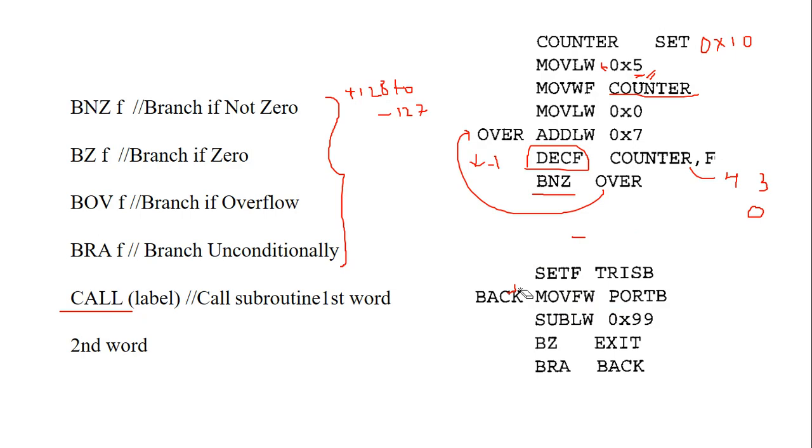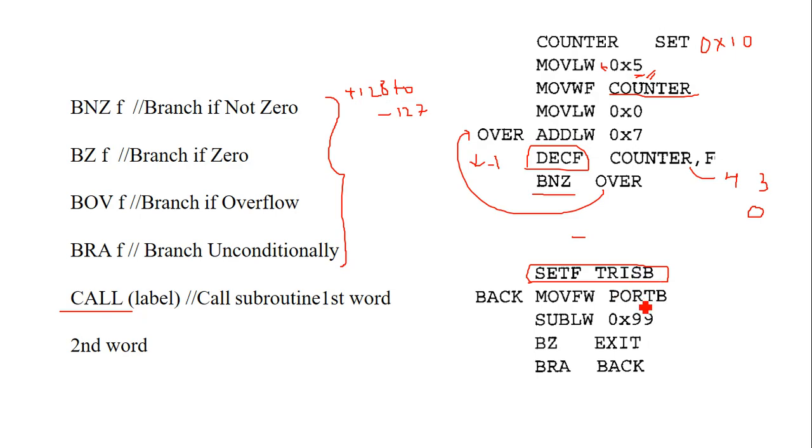Next: SETF TRISB, MOVWF PORTB, SUBLW 0x99, branch if zero to exit, otherwise branch unconditionally. What is meant by this? SETF means you are treating this as input, and the value of TRISB, see, TRISB and PORTB are SFR registers of your port.